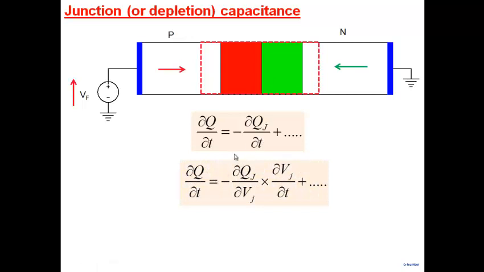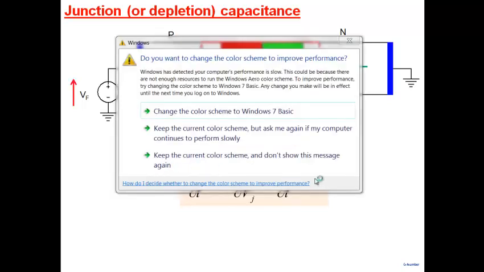And then this charge del Qj by del T, we can write as del Qj by del Vj into del Vj by del T. Vj is nothing but the voltage across the junction, which is nothing but the applied voltage here. I've just used the terminology Vj here, but note that Vj is the same as the applied voltage.